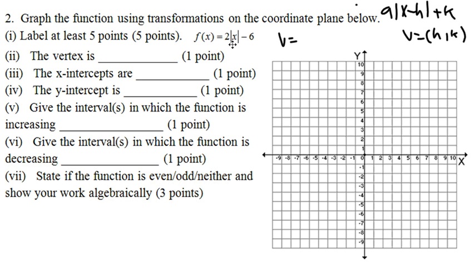In this case, I have x plus 0 or x minus 0, so that's my h. So my first term will be 0, but then my k will be -6. So that's where my vertex is going to be, using this whole guy right here.